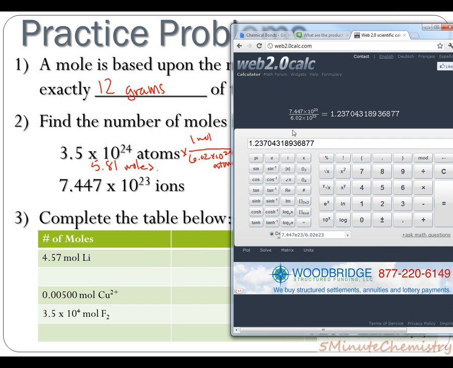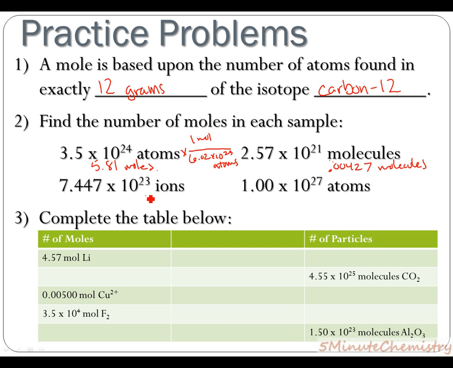So we want that to 4 sig figs. It'll be 1.237 moles. Oh, sorry, this was moles. And now 1.0 times 10 to the 27. We'll do the math on that.